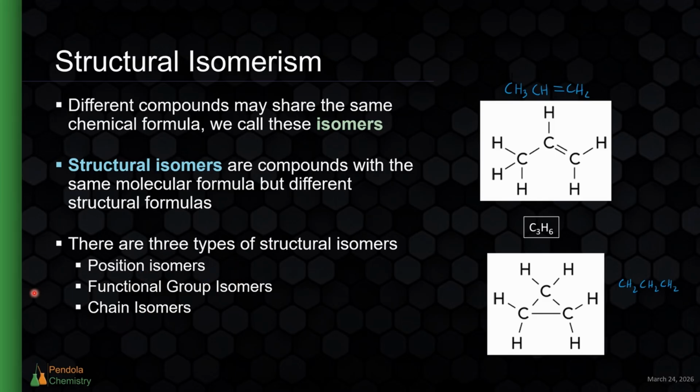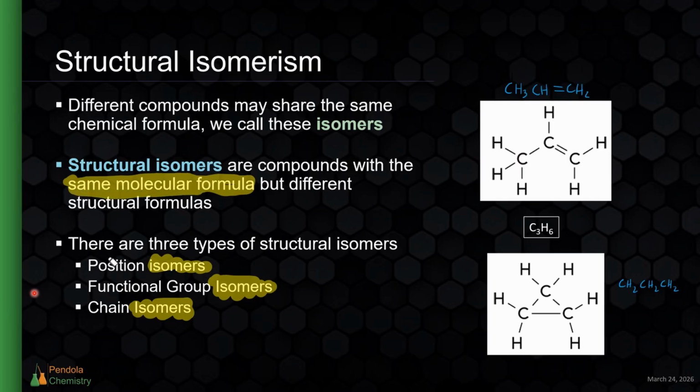Now remember, position isomers, or positional, depending on who you ask, functional group isomers, and chain isomers are all isomers, so they're all going to have the same molecular or chemical formula.